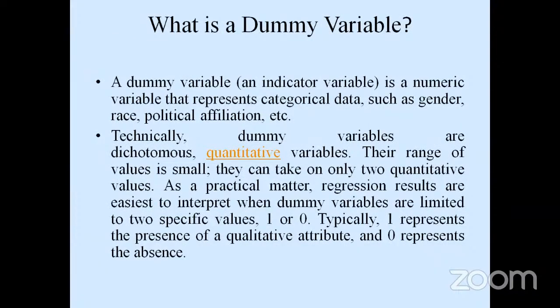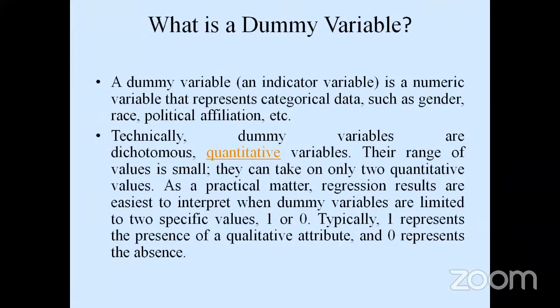So the last thing is called a dummy variable. A dummy variable, or indicator variable, represents categorical data such as gender, race, affiliation, etc. Technically, dummy variables are dichotomous in nature, quantitative variables. Their range of values is very small. They can take on 2 quantitative values. As a particular matter, regression results are easiest to interpret when dummy variables are limited. So many times when we use simultaneous equations in the econometric form, we use these dummy variables. Dummy variables are limited to 2 specific values, 1 or 0.